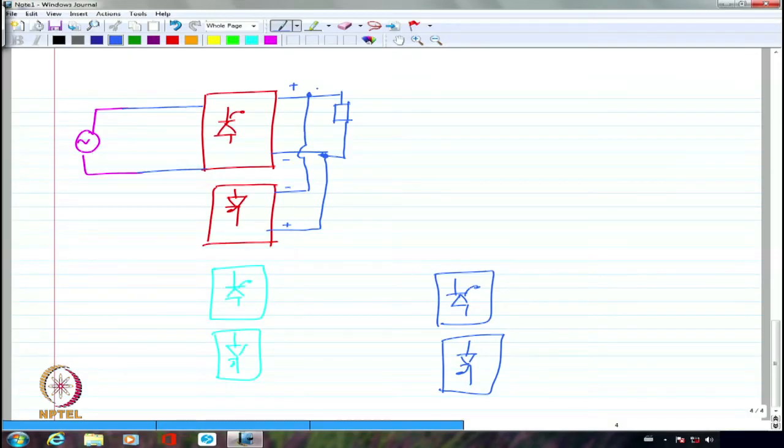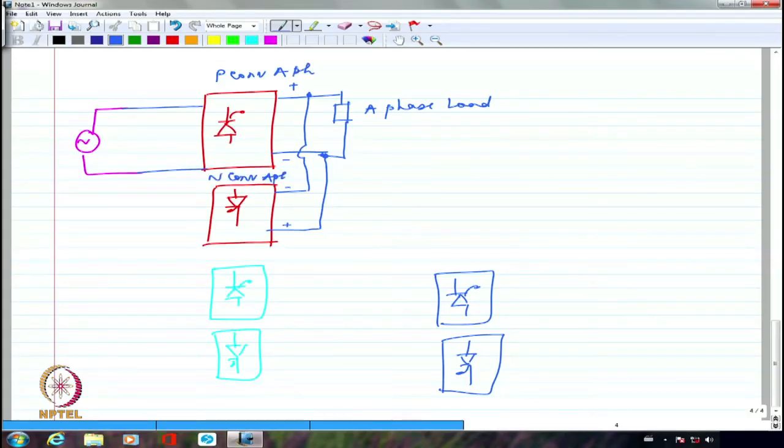So I have connected just the opposite polarity. So this is the A phase load, this is the P converter A phase, and this is the N converter A phase.